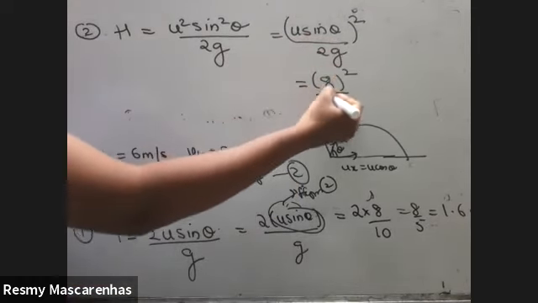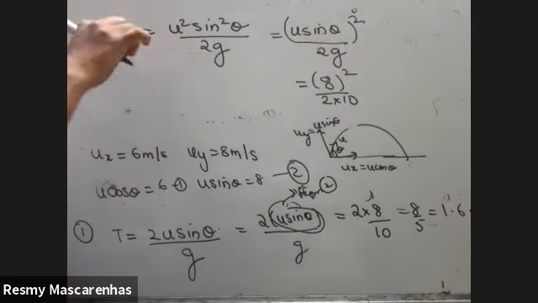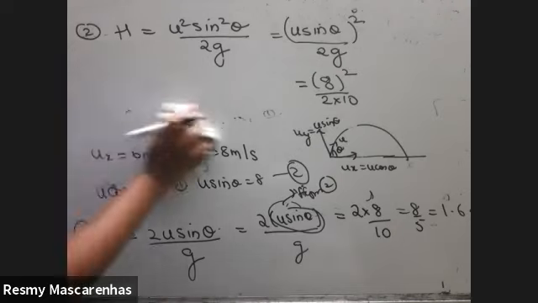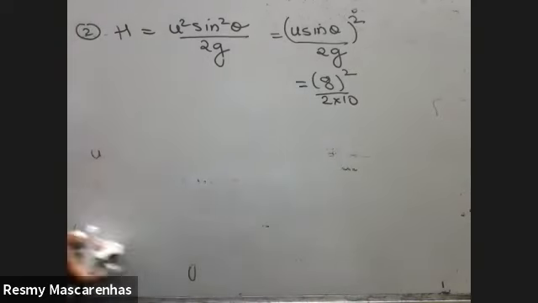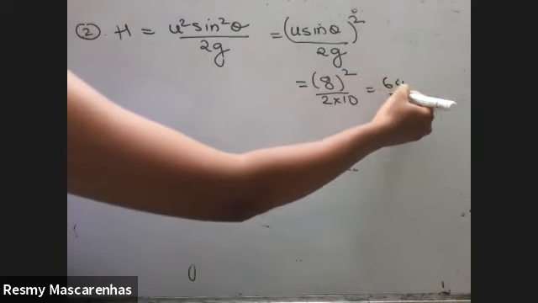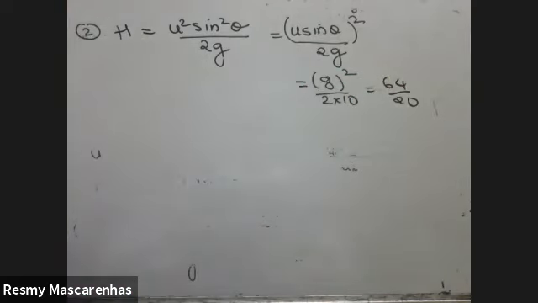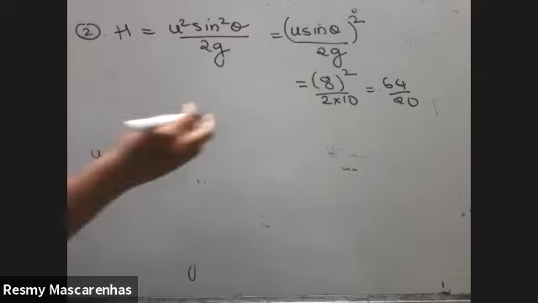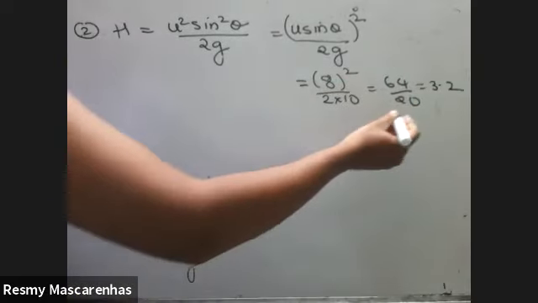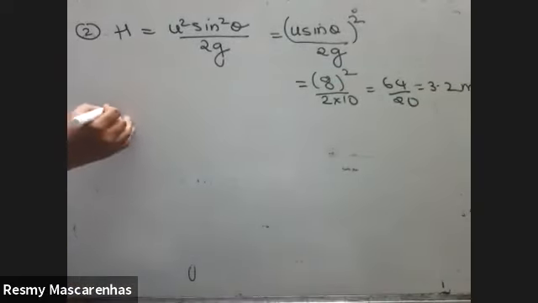It will become 8 square upon 2 times your 10. Everywhere I told you, take positive only for this type of formula. So 64 upon 20. Meters. Height means it will be always in meters.